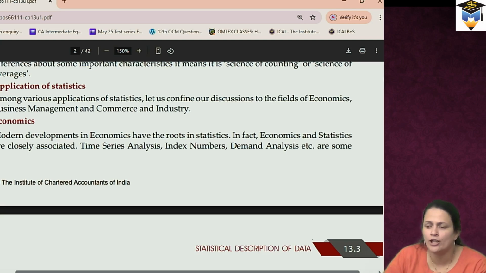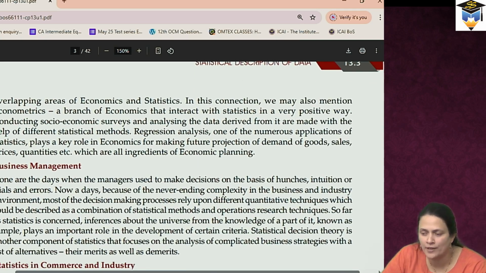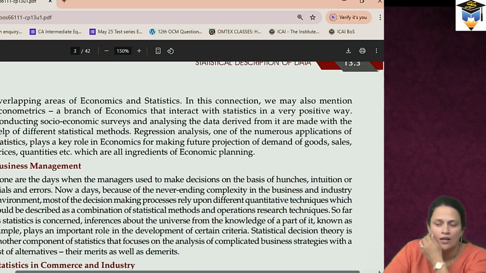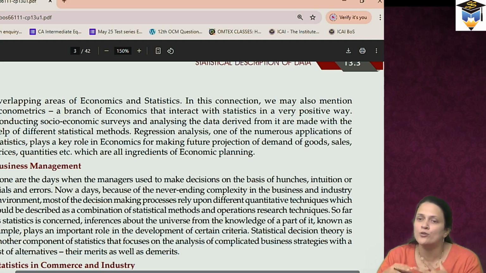So if you... analysis, time series analysis, etc. are done using statistics. In business management, initially the managers used to decide, based on trial and error, what next strategy has to be there in a business.